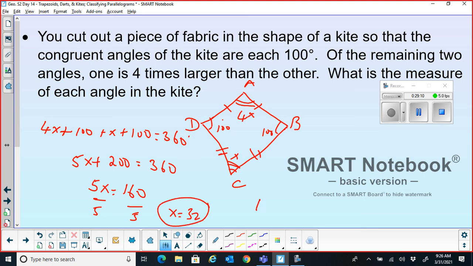Then 4x is going to be 32 times 4, which is 128. So angle A equals 128 degrees and angle C equals 32 degrees. Okay, let's move on to the next slide.